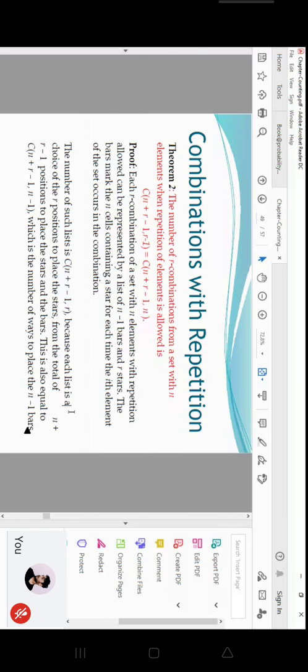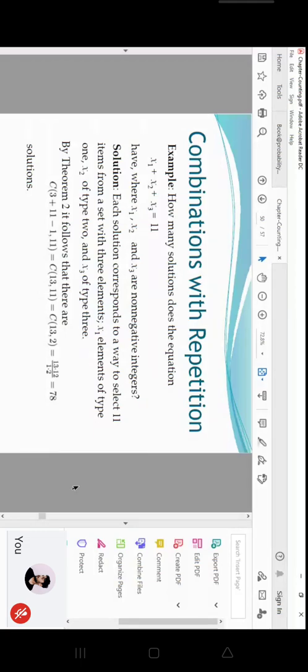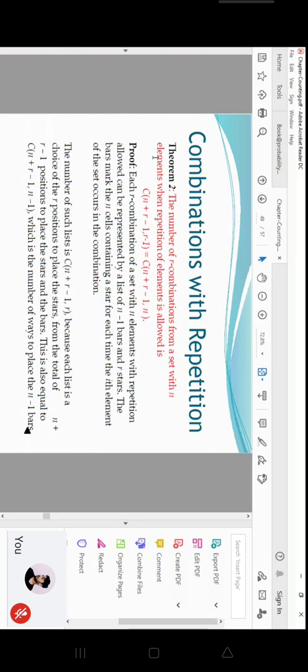So we are considering one problem where our intention is to check the combination with repetition concept we have to apply. Now look carefully. Sir, can you please go to the previous slide once?